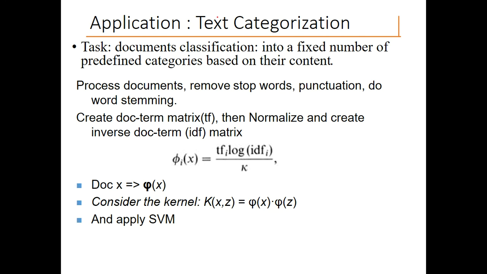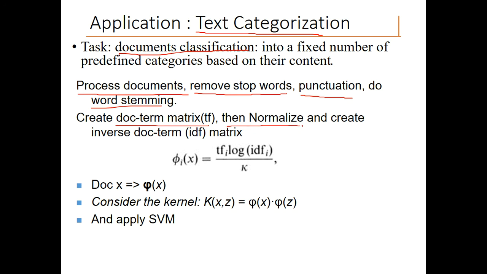If you want to take one application, like text categorization or document classification using SVM, you can try this. Having a set of documents, first you remove all the stop words and punctuation and apply word stemming. Then you convert the given data set into a term document matrix.